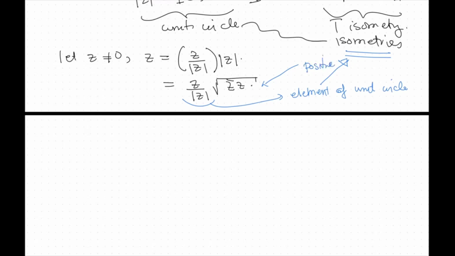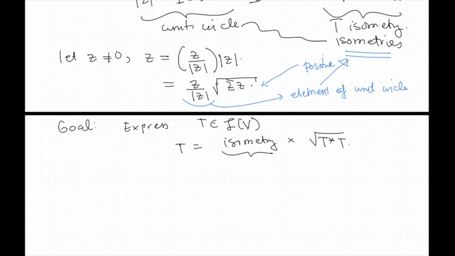So here our goal is to express the linear operator as an isometry times this part.